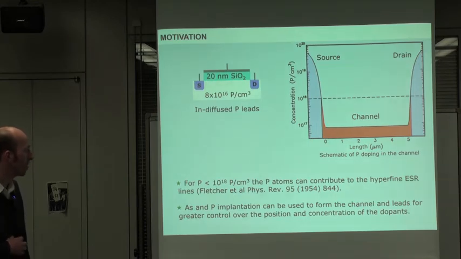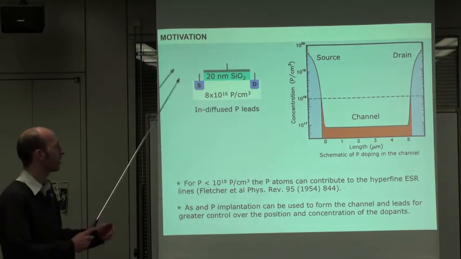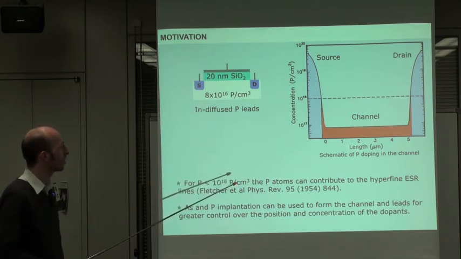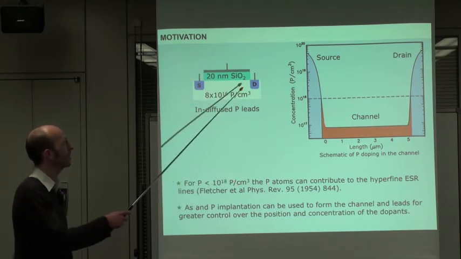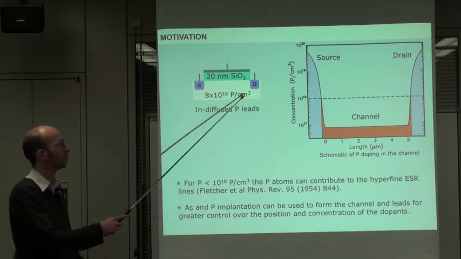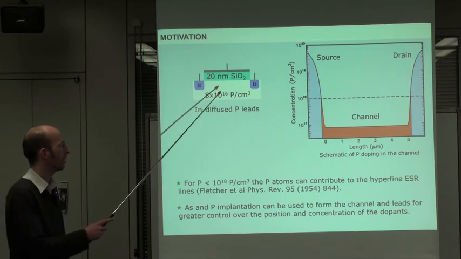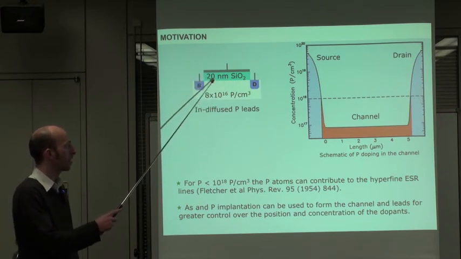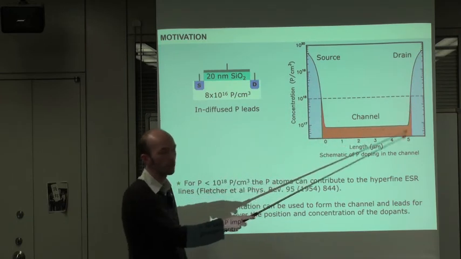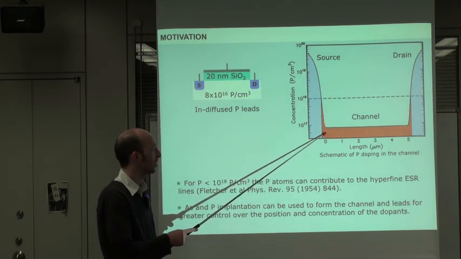Part of what I've been looking at is trying to make this device with ion implantation, which has been a little bit tricky. First of all, we were worried initially that some of the phosphorus in the source drain leads was resonating as well.